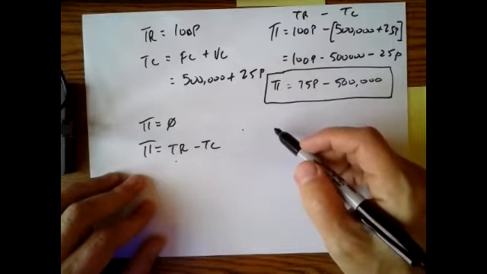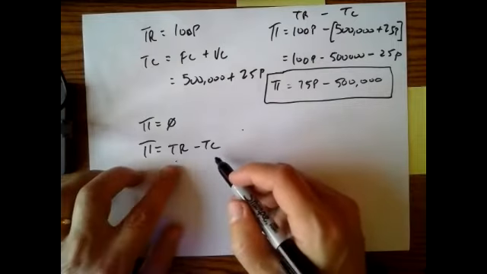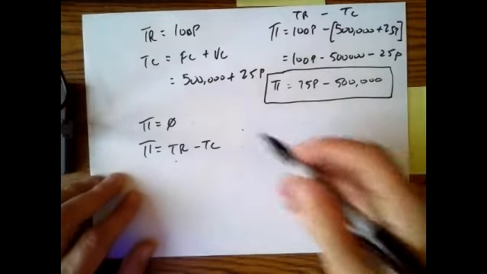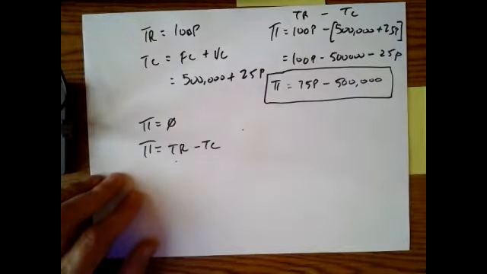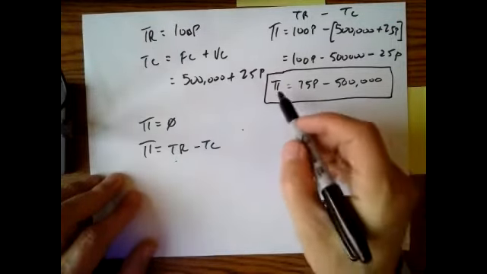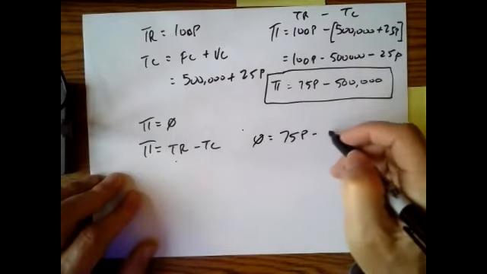They are equal, so we wind up with a profit of zero. To find the break-even volume, we set profit equal to zero and solve for the volume.